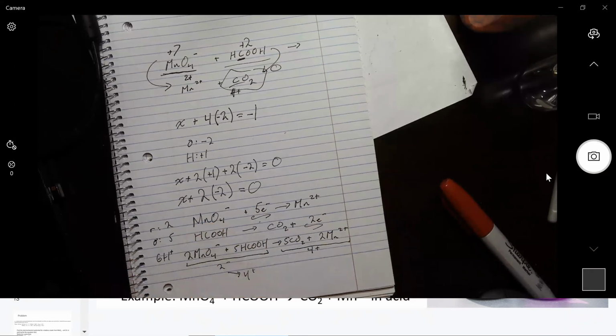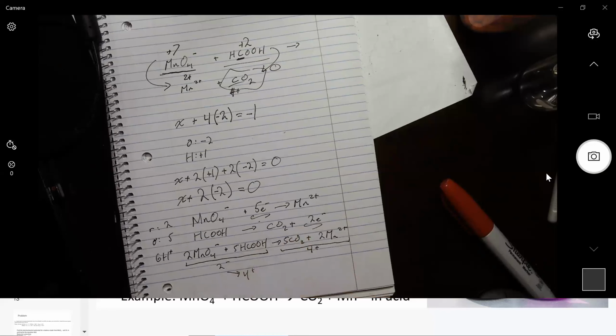And we're almost there. The only problem is that the oxygens are not balanced. Here we have 8 plus 10, so we have 18 oxygens. Here we only have 10. So what should I do to balance out the oxygens?